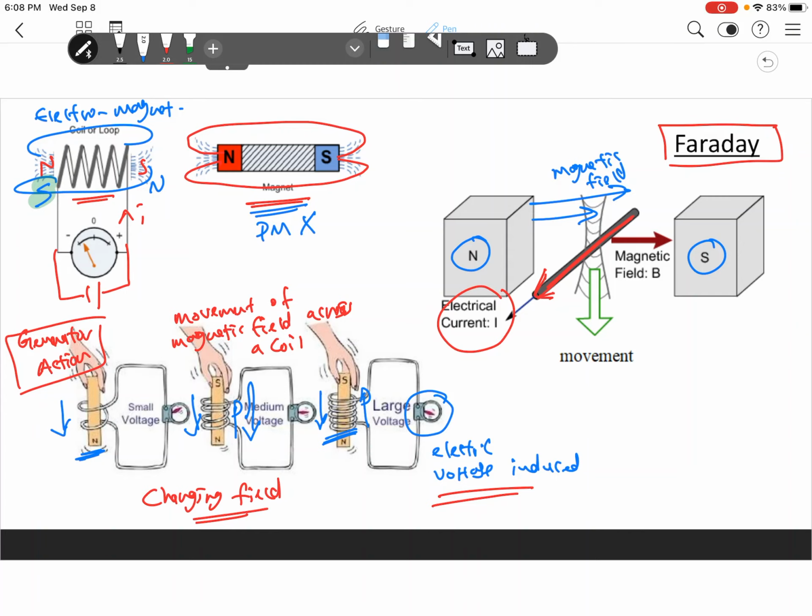You have a wire carrying electric current and placed inside a magnetic field, and this wire will start to have movement, mechanical movement. By some arrangement we will be able to transform this translational movement, linear movement, into a rotation. But this is the principle: if you have a piece of wire carrying current, electricity, and place it into a magnetic field, it will move. And this is what he called a motor action.